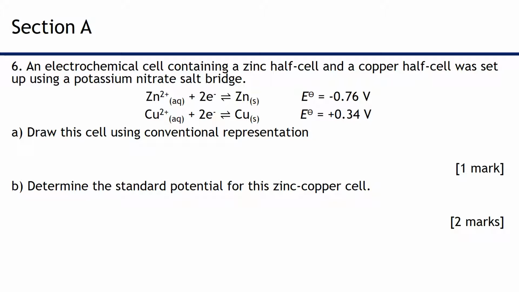So copper is going to go on the right, and we can draw this using the conventional representation. So you have zinc solid, single straight line representing phase boundary, zinc 2+ aqueous, double vertical line representing the salt bridge, copper 2+ aqueous, single line, copper solid.